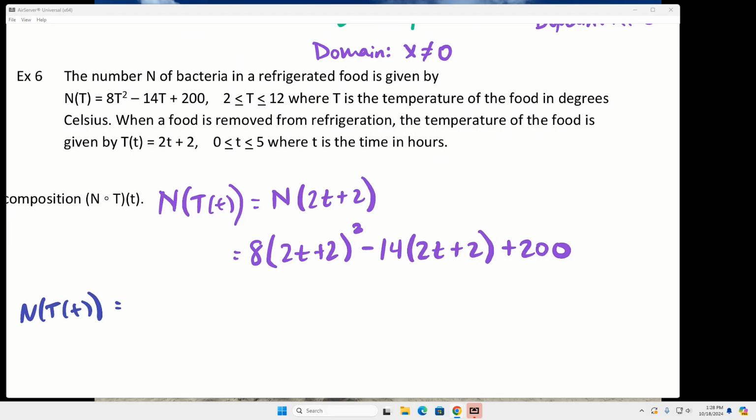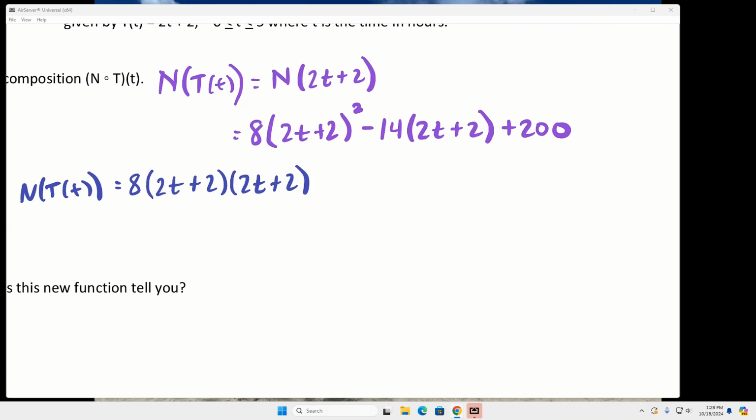You can't distribute inside them because of that power. So that 8 is just going to have to hang out for a second. What does it mean to square something? You're going to multiply it by itself, absolutely. That's going to take a minute.